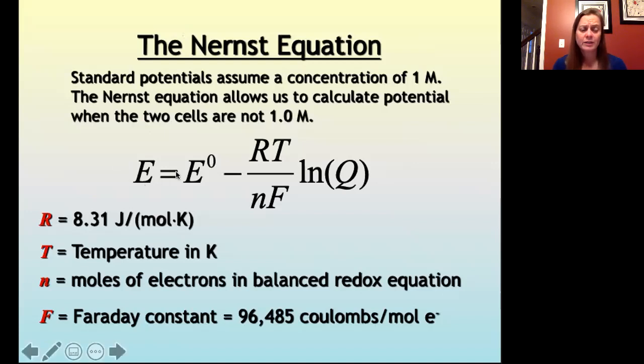So our Nernst equation is this: E, the cell potential at the given conditions, is equal to the standard cell potential minus RT over nF times the natural log of Q, where R is our gas law constant, T is the temperature in Kelvin, n is the number of moles of electrons being transferred, F is Faraday's constant, and Q is our reaction quotient. So this should look fairly familiar. It looks a lot like some of the other equations that we've used in this unit.